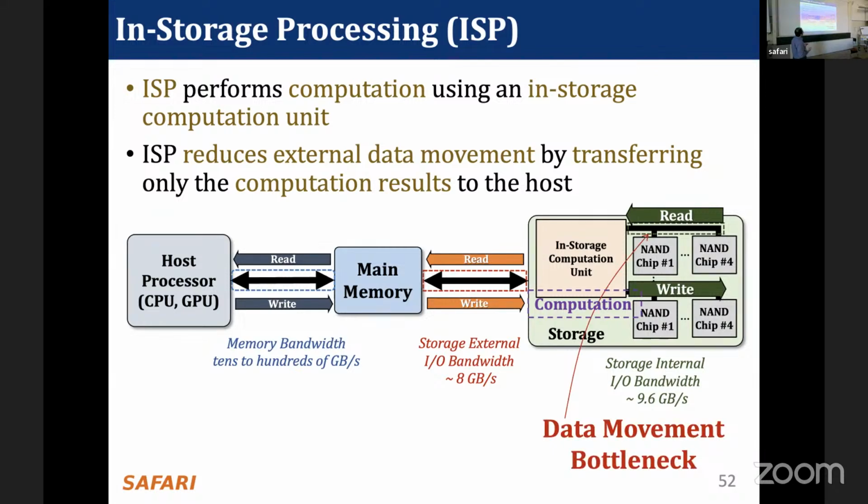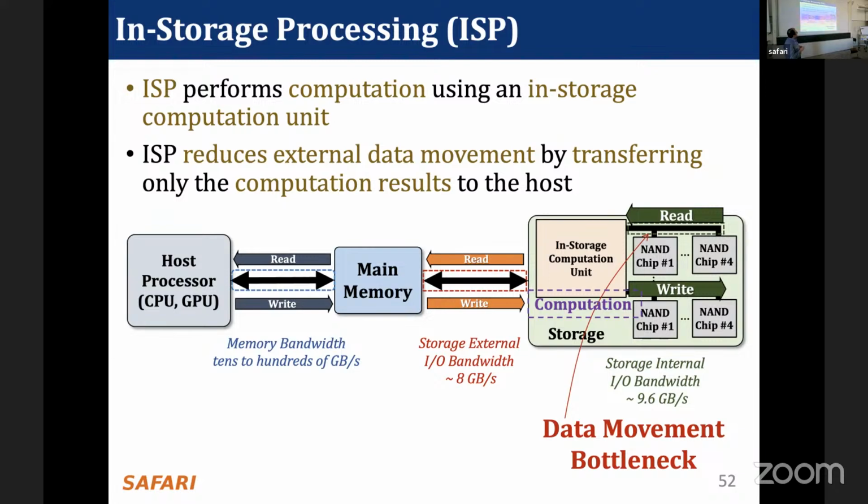Unfortunately, the storage internal I/O bandwidth is larger than the external I/O bandwidth, but still limited. In this example it is 9.6 gigabytes per second because we consider 8 channels. In some enterprise SSDs we have up to 16 channels, and it can go up to around 18 gigabytes per second.